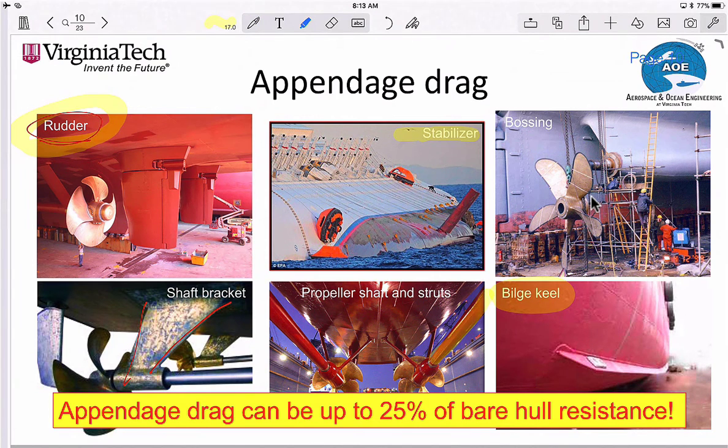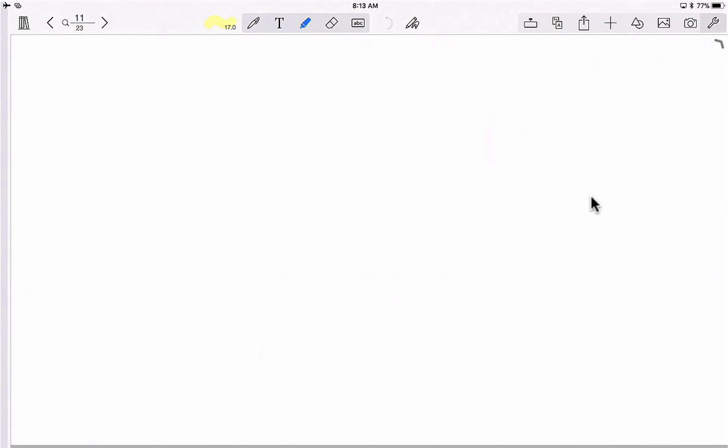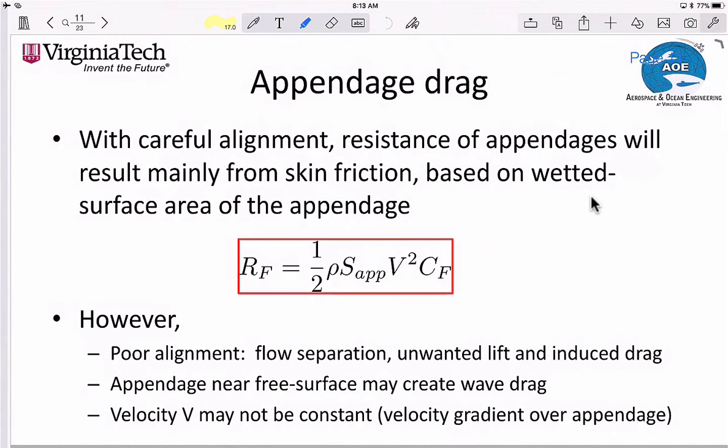So we got the propeller shaft, the struts. Okay, these cause a lot of an increase in the surface area, and therefore an increase in the attendant drag. So appendage drag can be up to 25% of the bare hull resistance. We have to take a lot of care in designing the appendages.